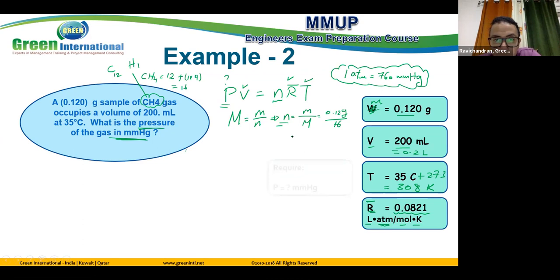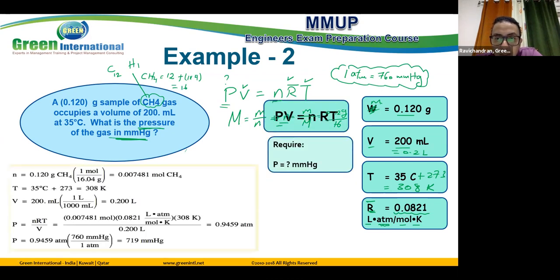Let's see the answer here. First, get the number of moles. This value divided by 16.04, the exact value. But if this value is not given, I just write it as it is and make the calculation for this. So this is the value for the number of moles.